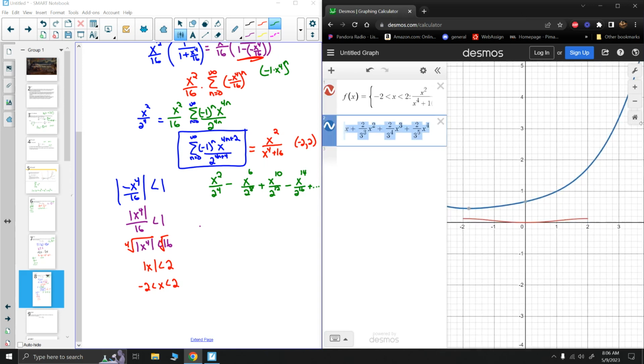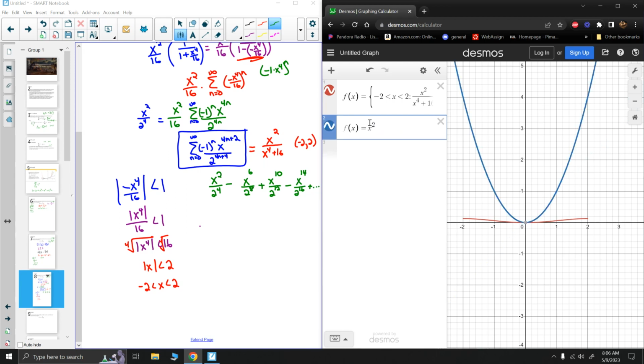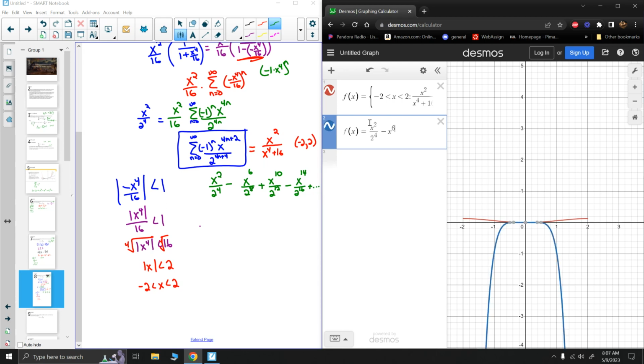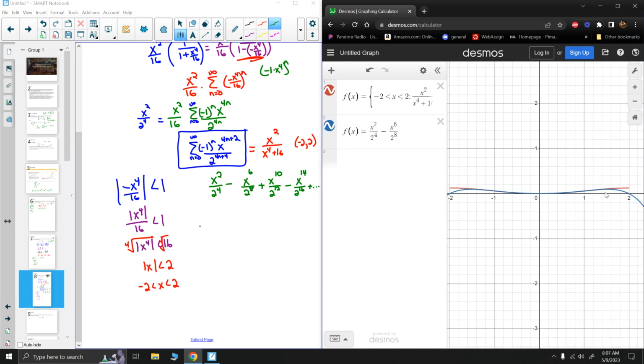And we're going to take a look at our x squared over 2 to the fourth minus x to the 6th over 2 to the 8th. Okay, well, first of all, we're already starting to see that that looks pretty darn good. It's just at those endpoints it starts to struggle a little bit. Plus x to the 10th over 2 to the 12th.